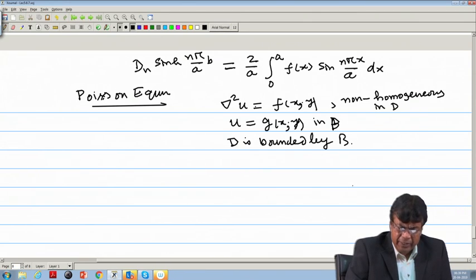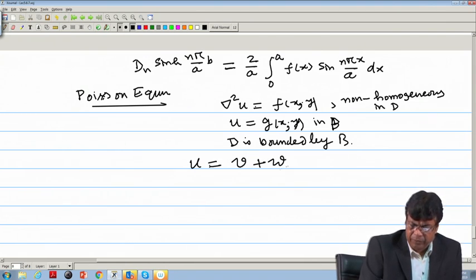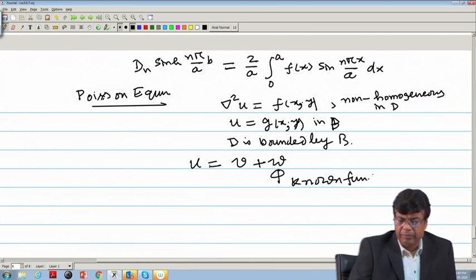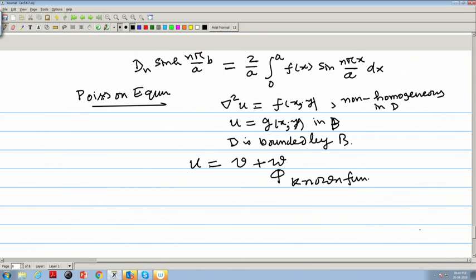The trick is that we write u as some function v plus w, where w is some known function of a simple form, chosen in such a way that w takes care of the non-homogeneous f(x,y), and also w makes v assume a homogeneous boundary condition.